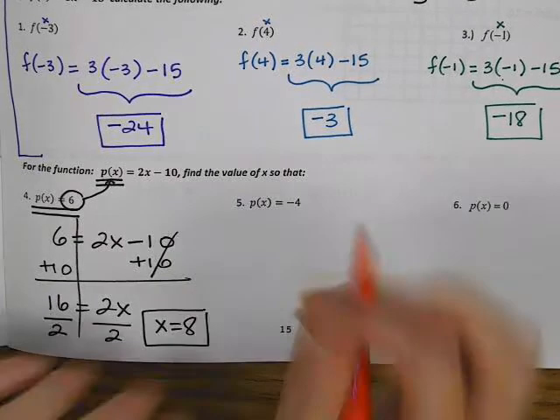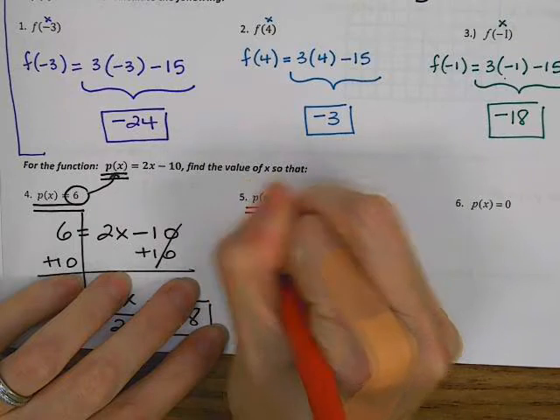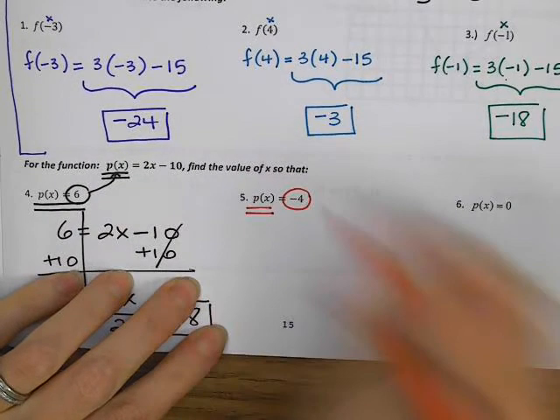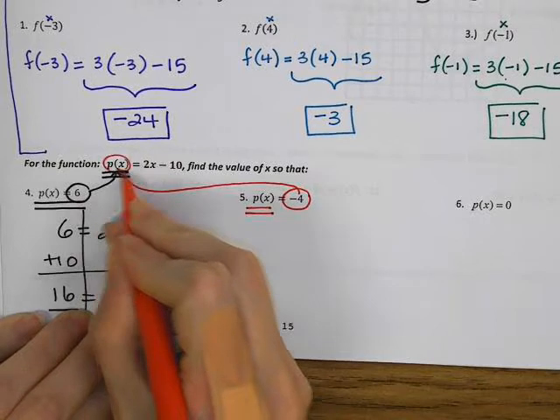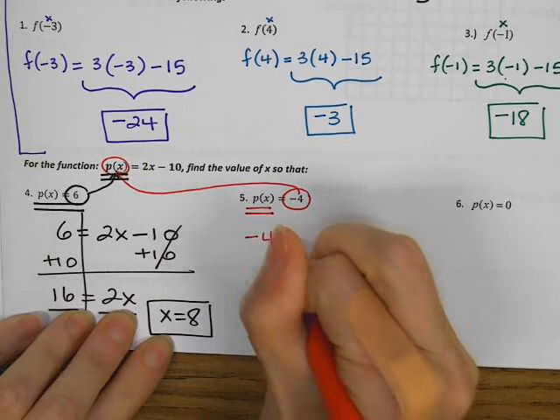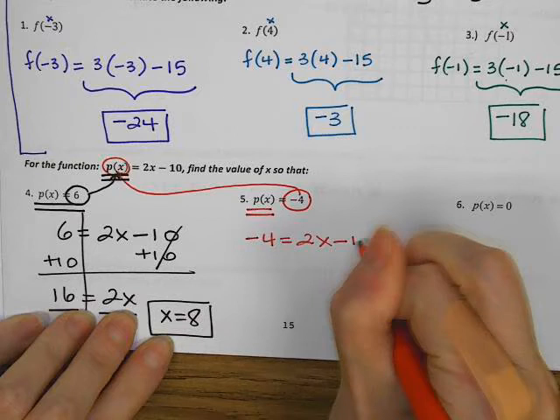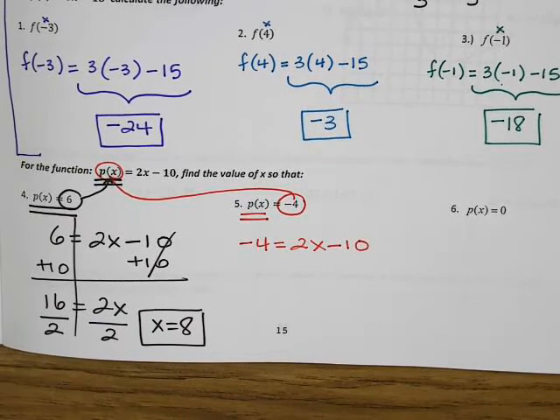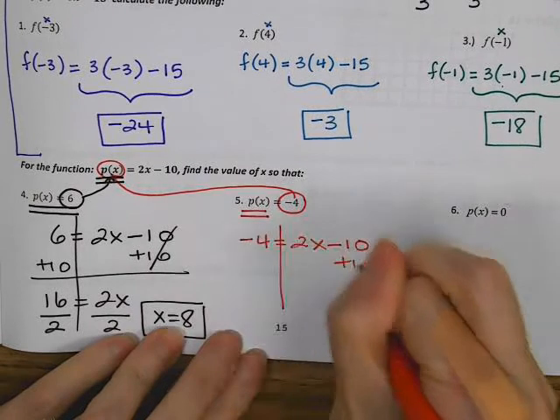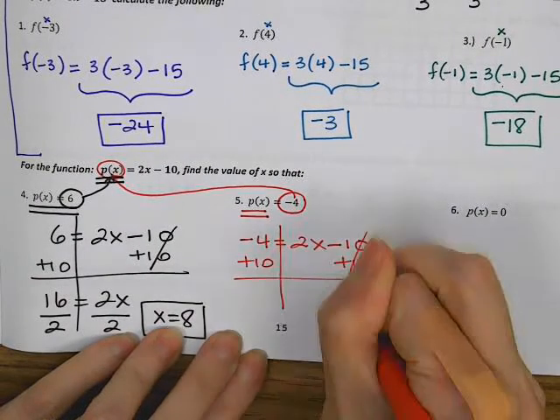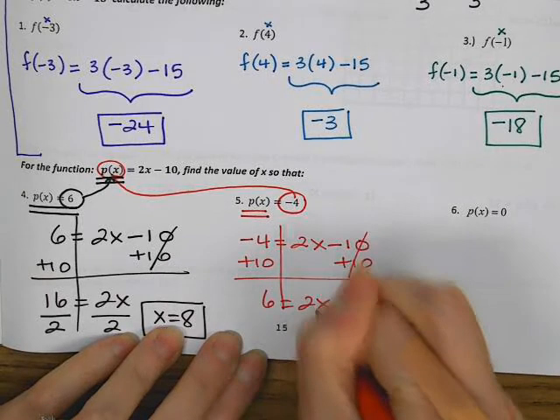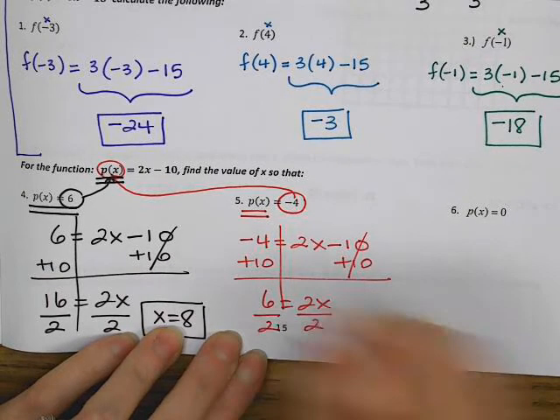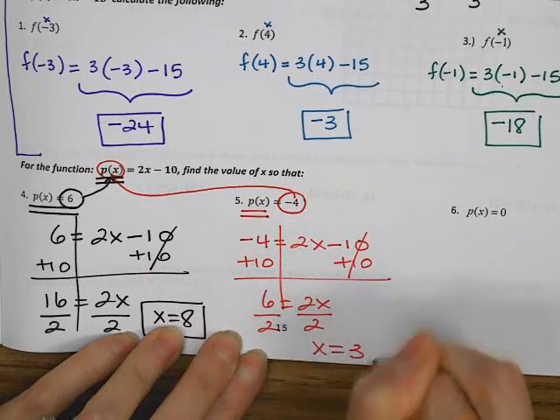All right, number 5, it's saying the function value is -4. So that means you put the -4 here and rewrite the problem and solve for x. All right, so draw the wall, add 10. What's that? We get 6 equals 2x, divide by 2, so x ends up being 3.